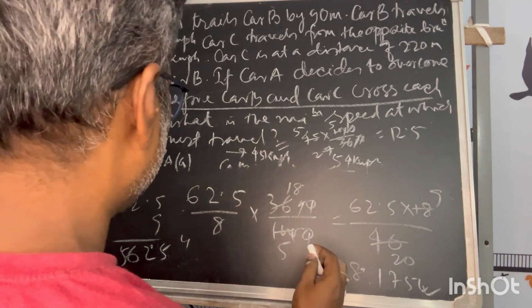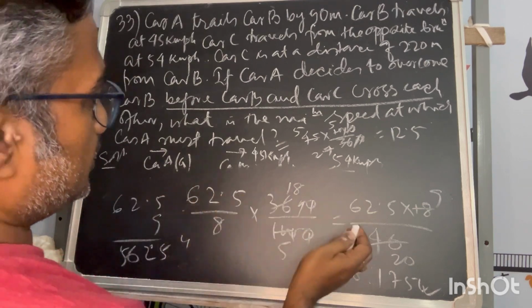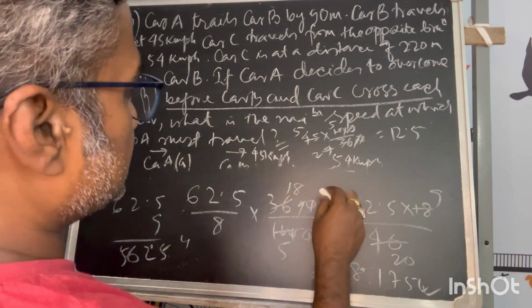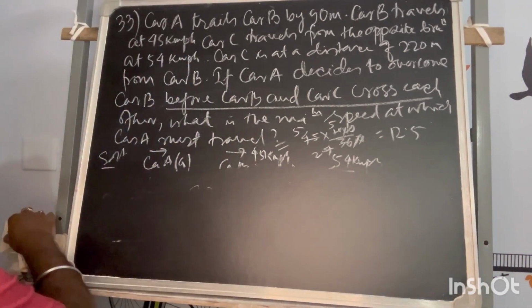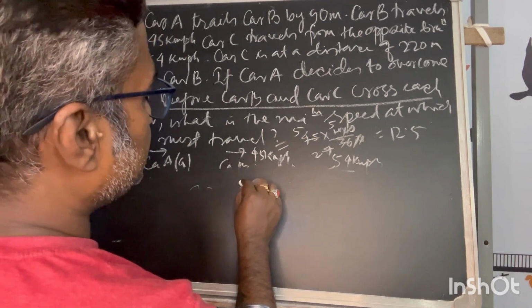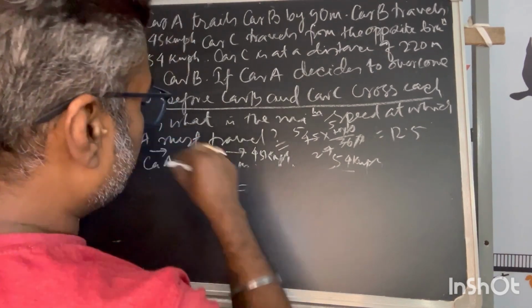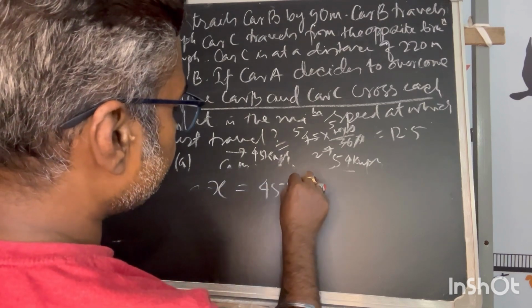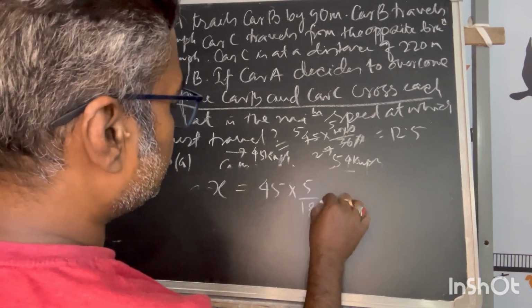How is it coming? So distance is 50 plus this x, I am getting it. Let me check the calculation once. So I am getting this is 8 seconds. So 8 seconds means that x is equal to 45 into 5 by 18, the conversion.